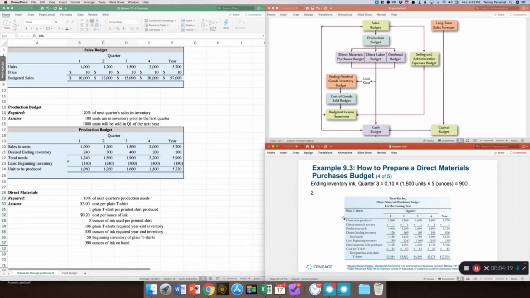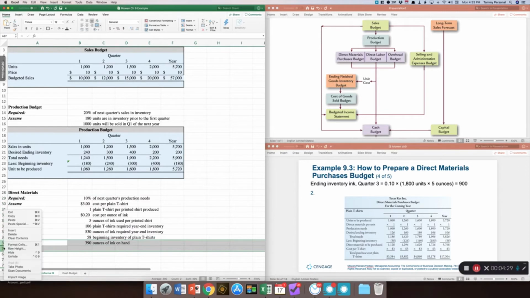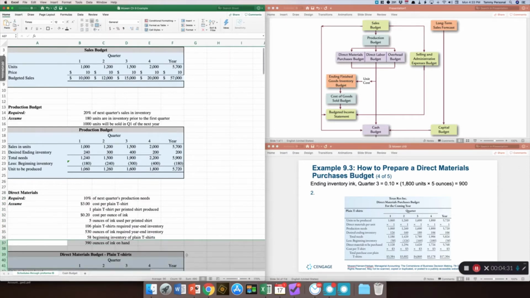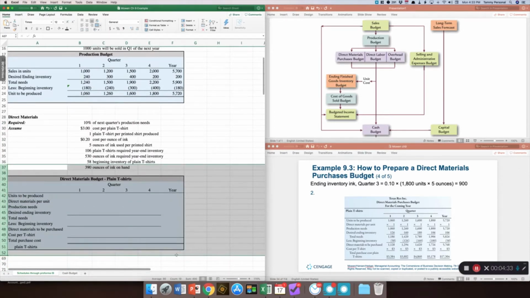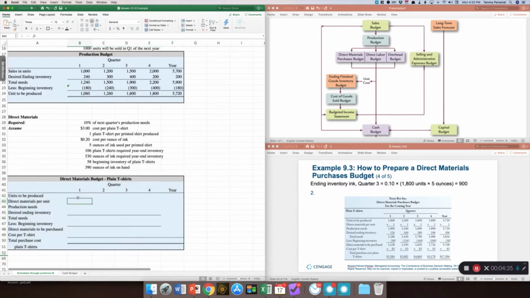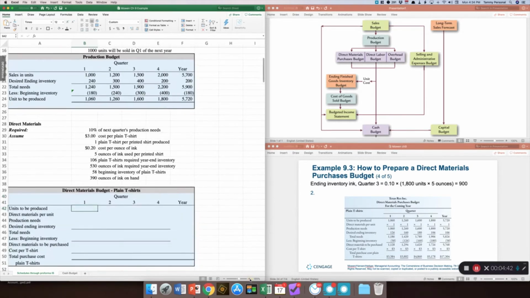Okay, so here's our direct materials purchases budget for the coming year for t-shirts. This is just for the t-shirts. I'm going to unhide my blank schedule here that I made for you, and let's start filling it in with cell references and calculations.